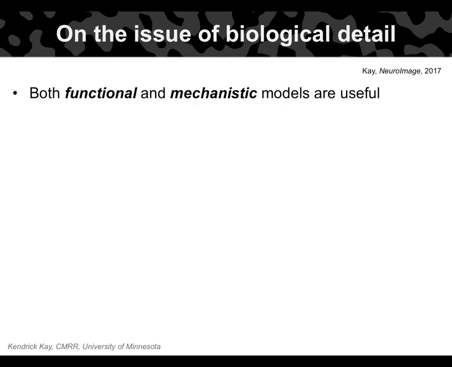I like the distinction between functional models and mechanistic models. So let me just give a brief example. The concept of receptive field. So there's some area of this visual field that seems to be important for driving the responses of a neuron or some brain area.